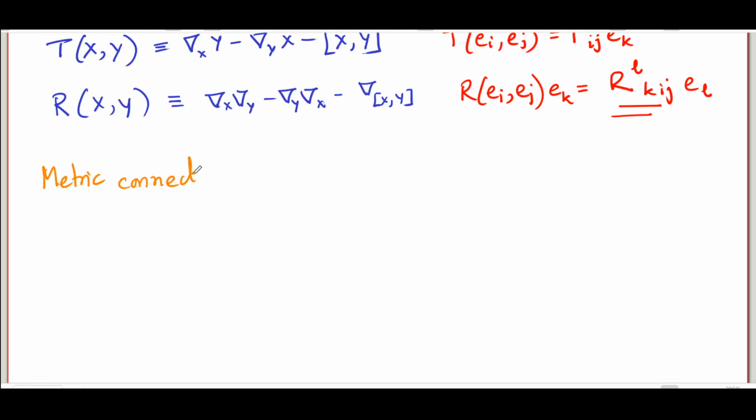So, when you have a metric connection, the basic idea is, first of all, you have a metric, that is, you have a (0,2) tensor, covariant tensor of rank 2 in the older terminology, which maps two vector fields into a number. Essentially, it gives you the inner product between those two vector fields, and you can of course expand this out in your basis in this particular fashion.